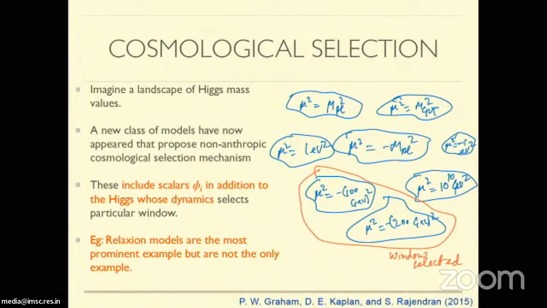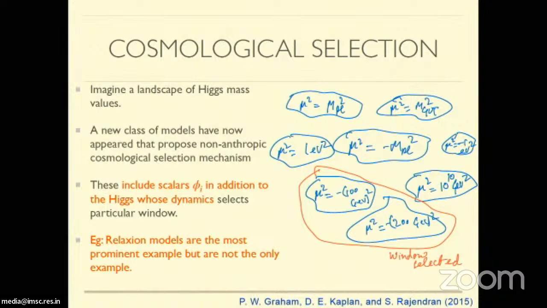So you have this landscape, and then you find some non-anthropic mechanism, and typically these things add some scalars, and the dynamics of the scalar is such that only some of these vacua get selected. And the good thing is that unlike anthropic models, they have clear signatures. You can see the scalar, there's weak scale physics and so on. And again, there are not so many. One of the first papers was this Relaxion paper, where they didn't even need a landscape.